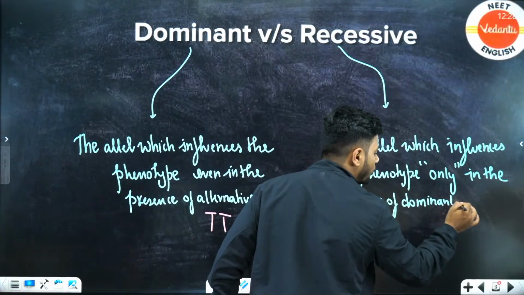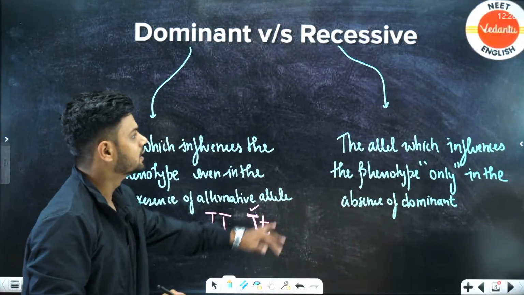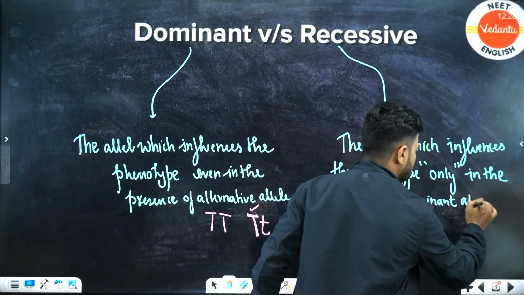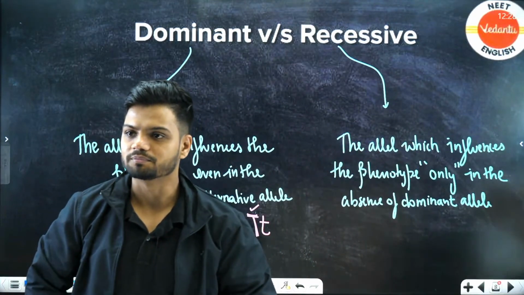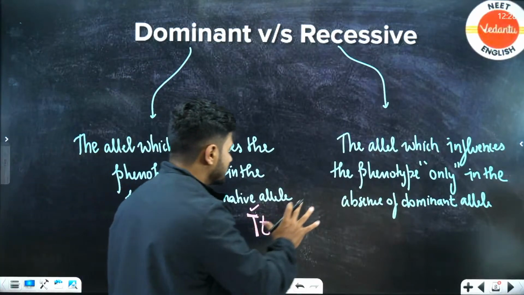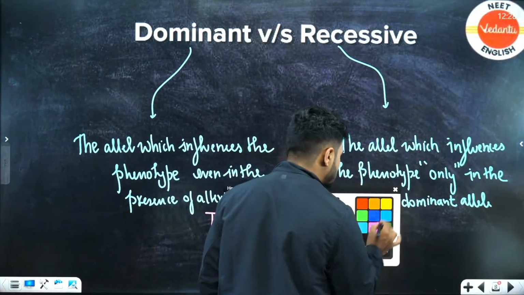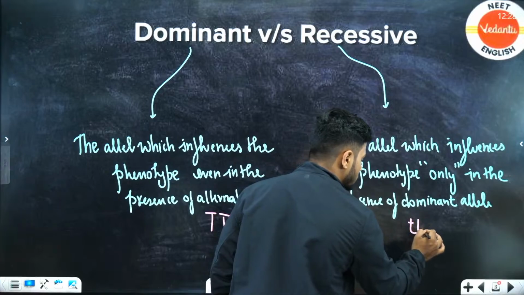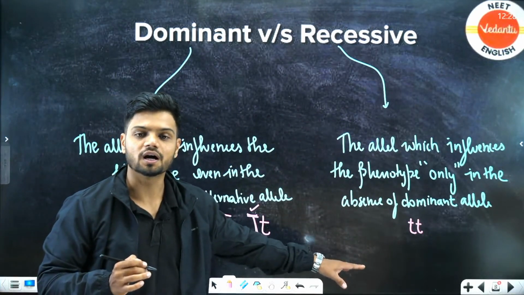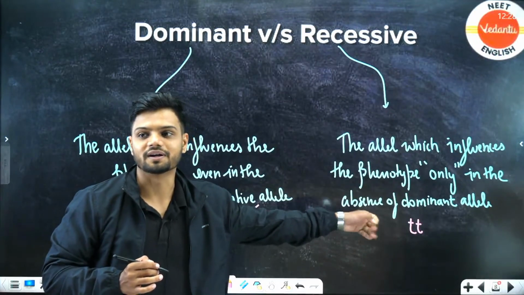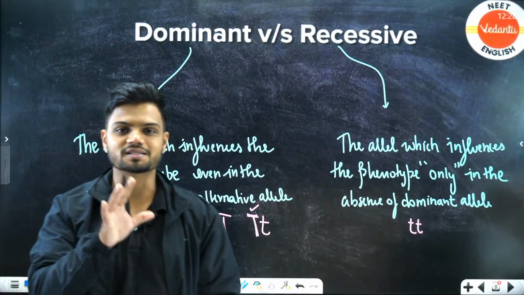Only when the dominant allele is absent is the recessive allele able to express. For example, this particular allele, small t, will only express in this condition. It is able to express only in the homozygous recessive condition.